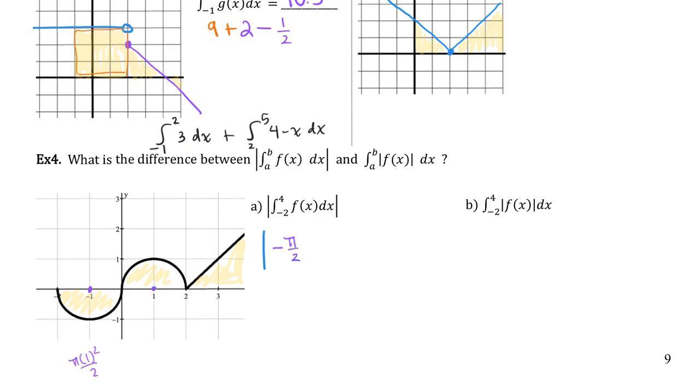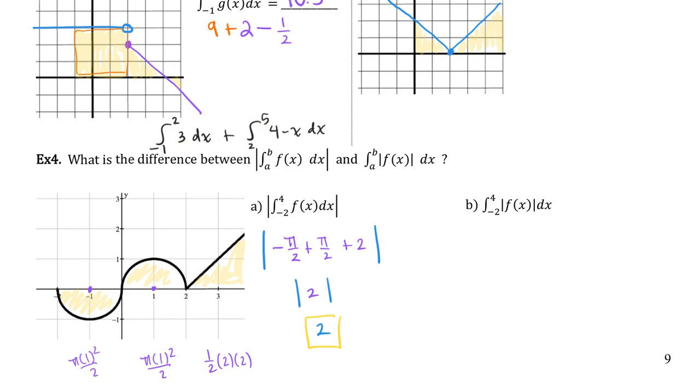What about this one? This one's also pi r squared divided by 2, so plus pi over 2. Plus that triangle, which is 1/2, 2 by 2, so it's 2. Okay, and then I'm going to absolute value the result. So the absolute value of 0 plus 2 is 2. So for this first one, I get an answer of 2. So the absolute value of the integral from -2 to 4 of f of x dx equals 2.